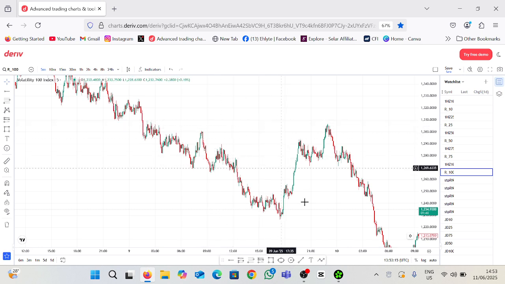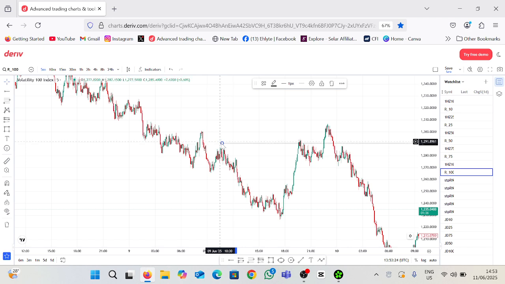Right, you can see there's another one here. There is a sweep here, structural liquidity.